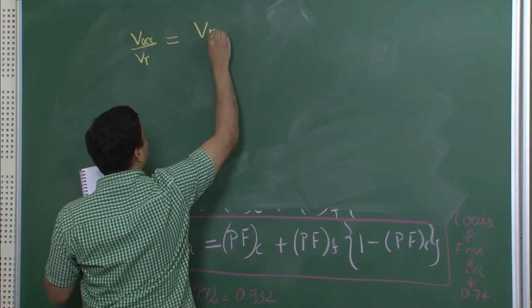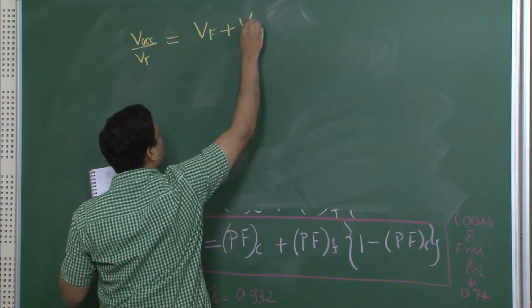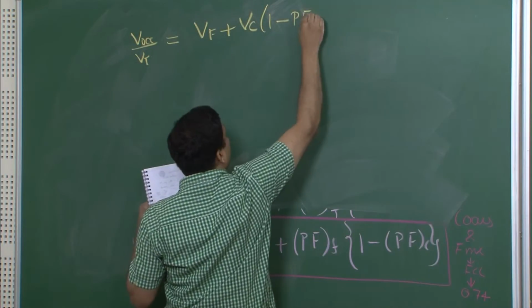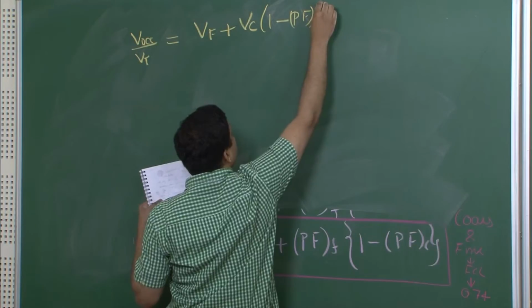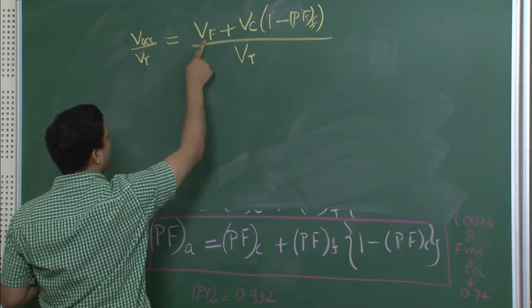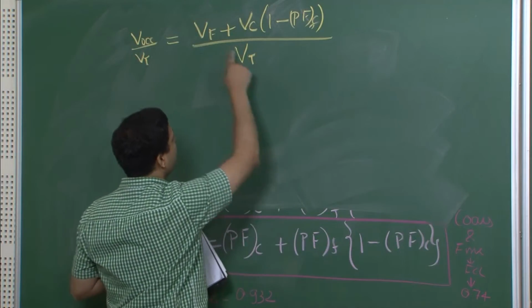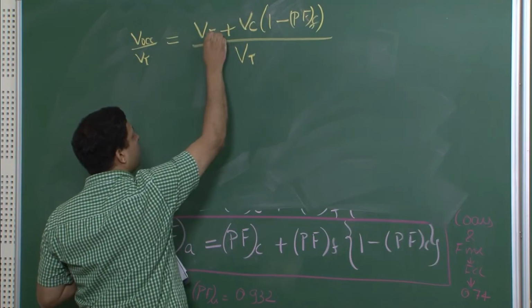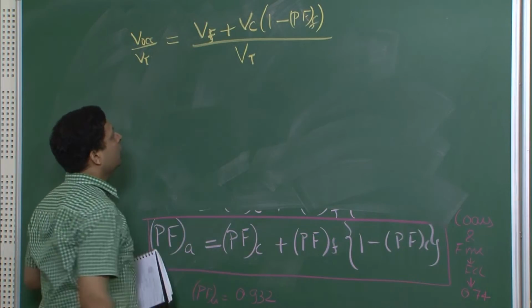So this is Vf plus Vc. Initially, when there were no coarse particles, this would have been Vf by Vt. I was using small f, so let me continue with small f.